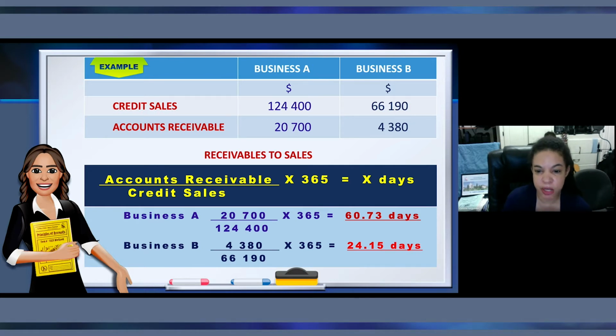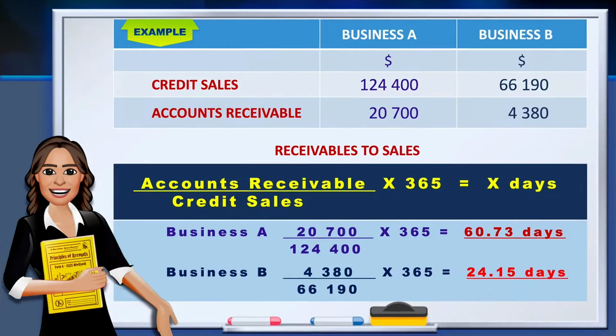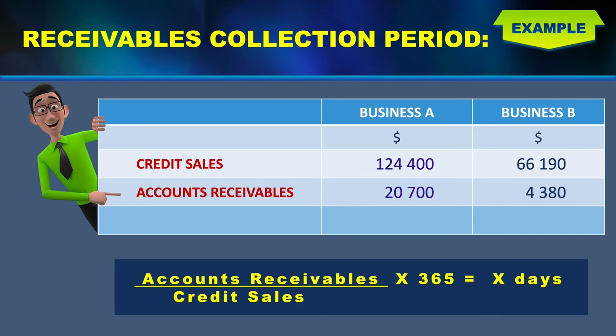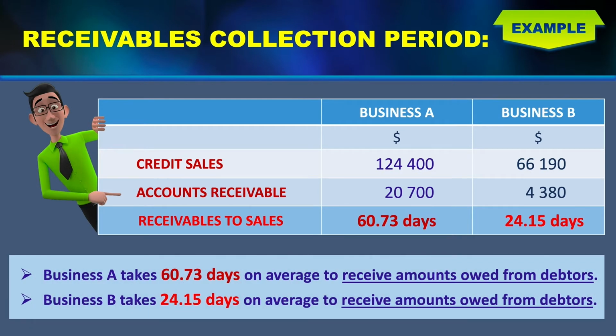For business A, it was 60.73 days. For business B, it was 24.15 days, which means that business A takes 60.73 days on average to receive the amounts owed from the debtors, whereas business B takes a shorter amount of time, 24.15 days on average to receive the amounts owed.